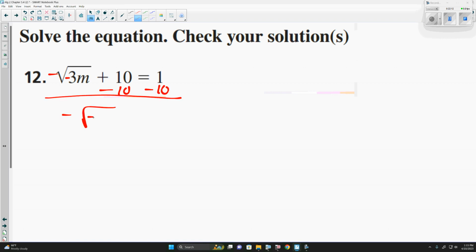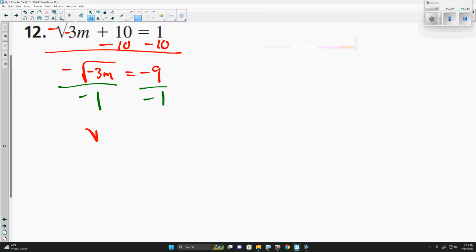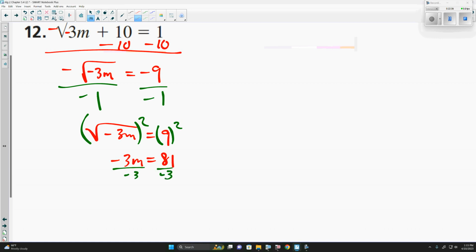Negative square root of negative 3m equals negative 9. Divide both sides by negative 1 tells us the square root of negative 3m is equal to 9. Square both sides. Negative 3m is equal to 81. Divide by negative 3, telling us m is equal to negative 27.